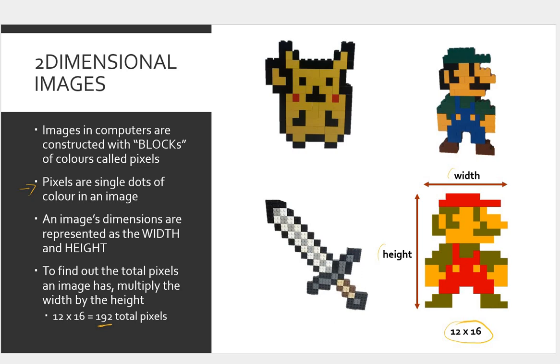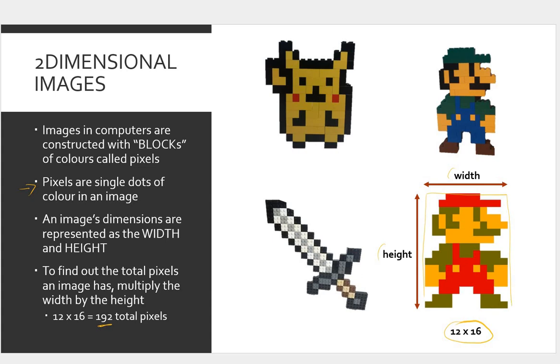Now you might be thinking, well, if we count all the red pixels, all the green pixels, all the orange pixels of Mario, it doesn't amount to 192. Well, that is because we need to understand that images are made up of squares or rectangles like this.